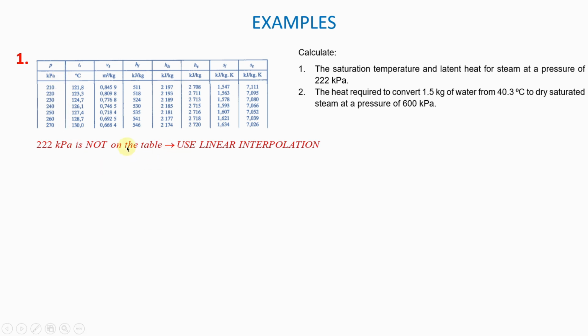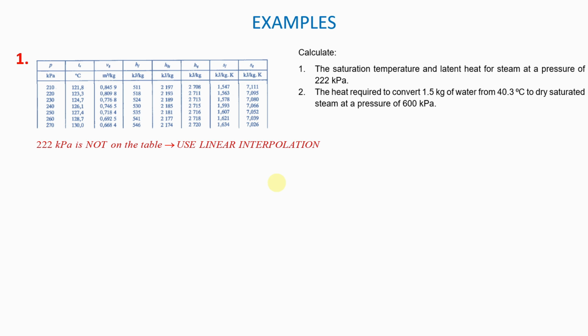In order for you to get the value for Ts for 222 and hfg for 222, you need to use linear interpolation. Linear interpolation is a way of estimating what the value will be for a set of data that you do not have in the table.